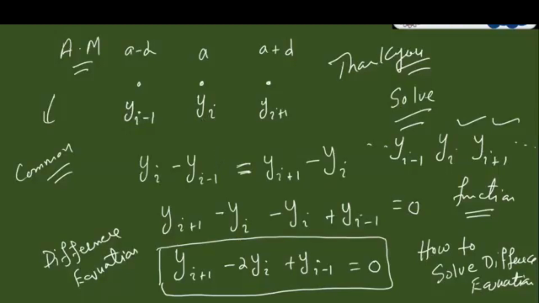The independent variable, usually represented as an index, is discrete. That is the main difference between the differential equation and the difference equation.